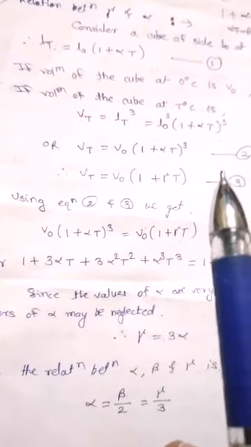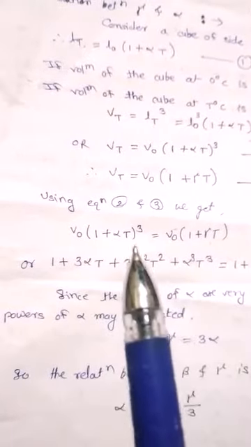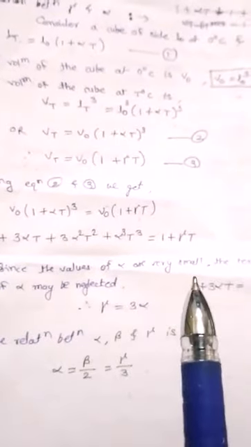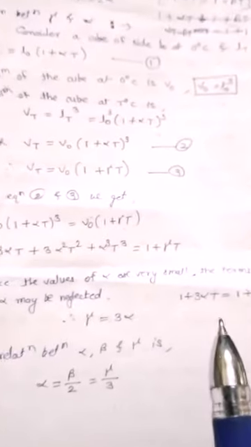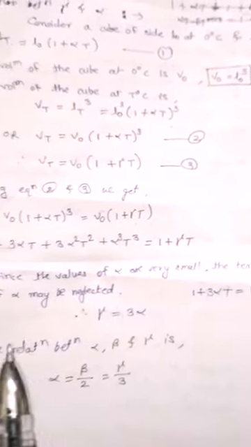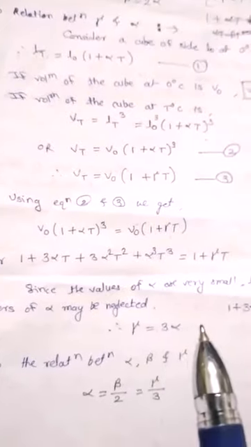Using equations 2 and 3, we get V0 (1 plus alpha T) cube is equal to V0 (1 plus gamma T), so 1 plus 3 alpha T plus 3 alpha square T square plus alpha cube T cube is equal to 1 plus gamma T. Since the value of alpha is very small, the terms with higher powers of alpha are neglected, so 1 plus 3 alpha T is equal to 1 plus gamma T, and gamma is equal to 3 alpha.